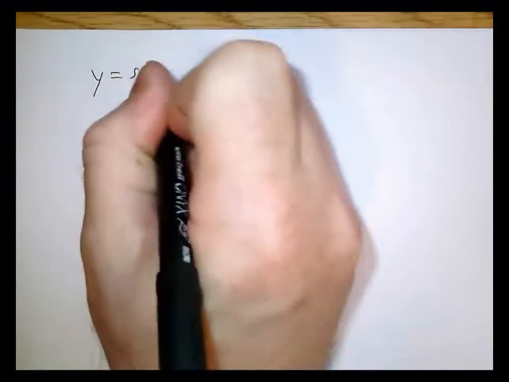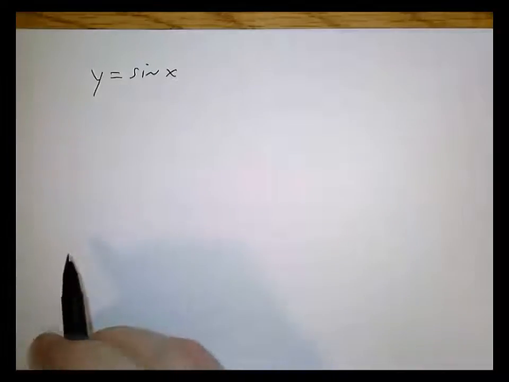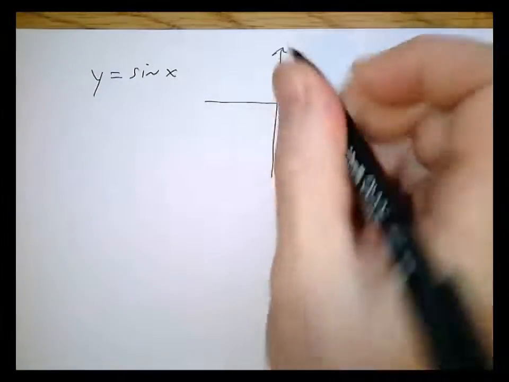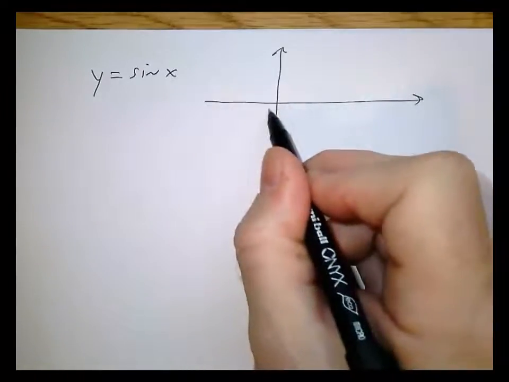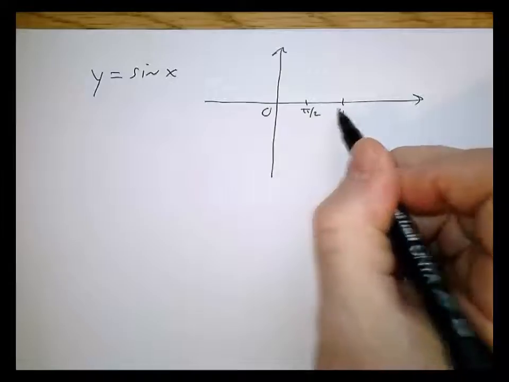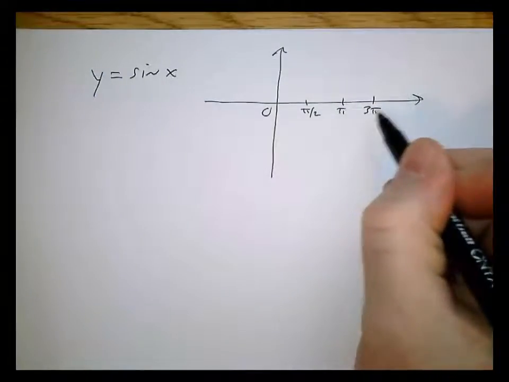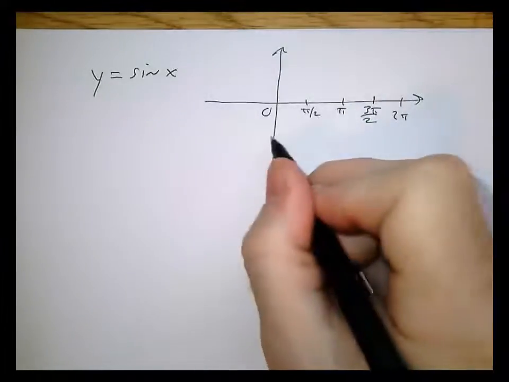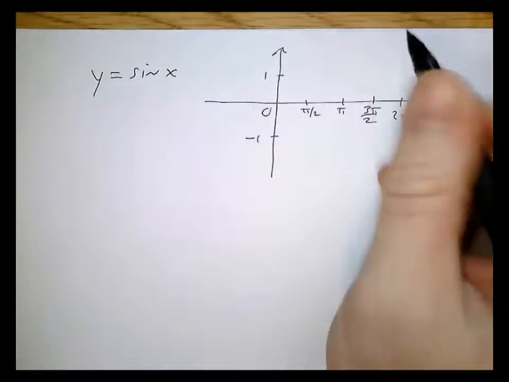Okay, now I want to think about graphing some transformations of the sine function. So if y equals the sine of x, now this has period 2 pi, and so we have 0, pi over 2, pi, 3 pi over 2, 2 pi here, and down here is negative 1, and up here is 1.